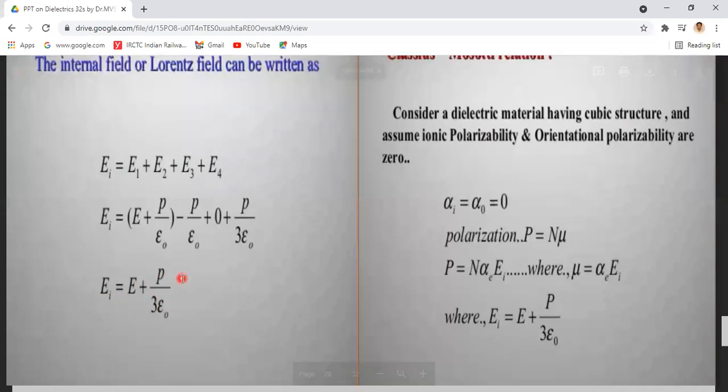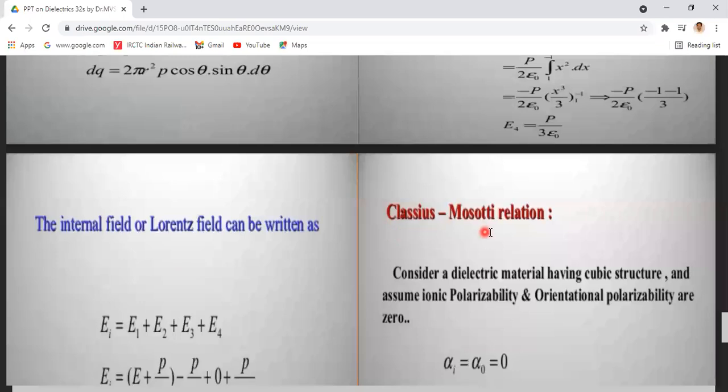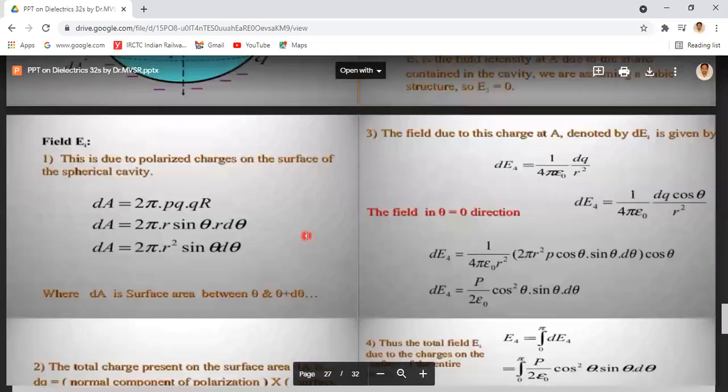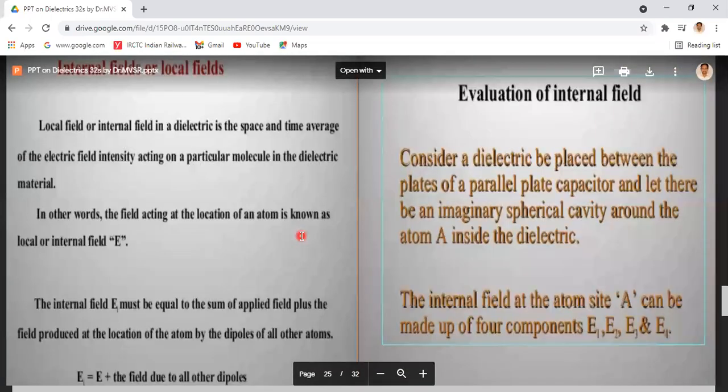After this, we are going to learn about the Clausius-Mossotti relation, because the expression for local field and the Clausius-Mossotti equation are both very important questions.